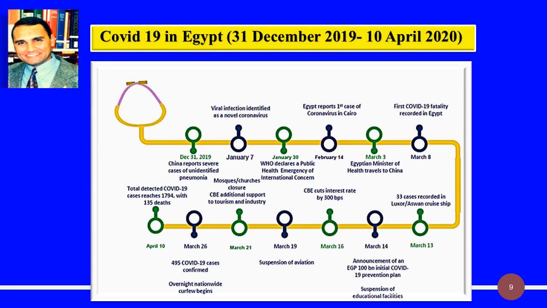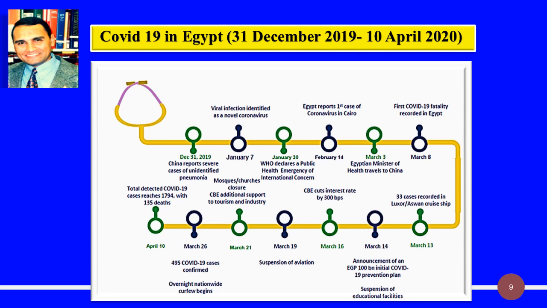At the end of January, WHO declares a public health emergency of international concern. In Egypt, the first case of coronavirus is reported in Cairo on the 14th of February. On the 3rd of March, the Egyptian Minister of Health traveled to China. On the 8th of March, the first COVID-19 fatality is recorded in Egypt.